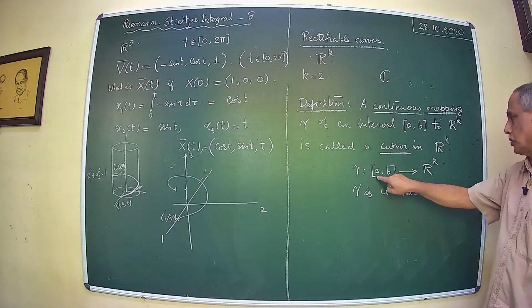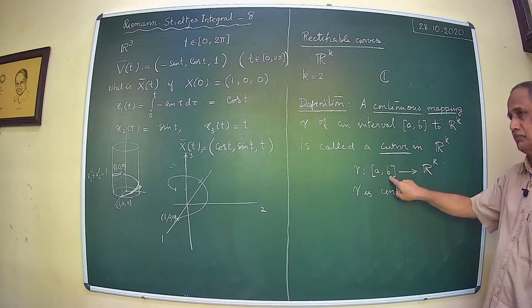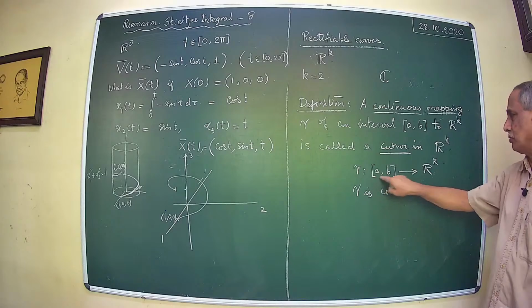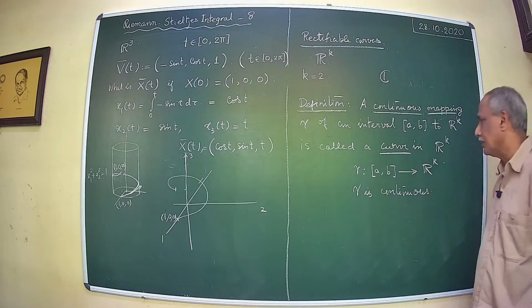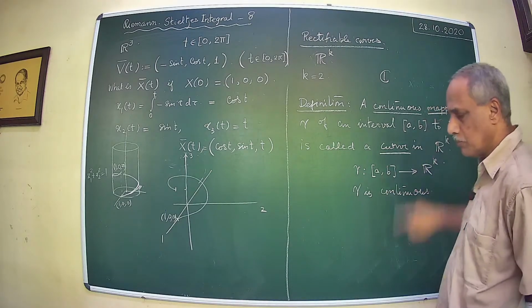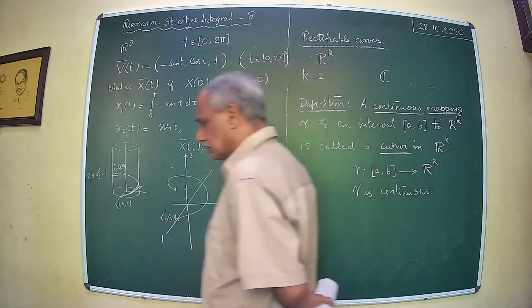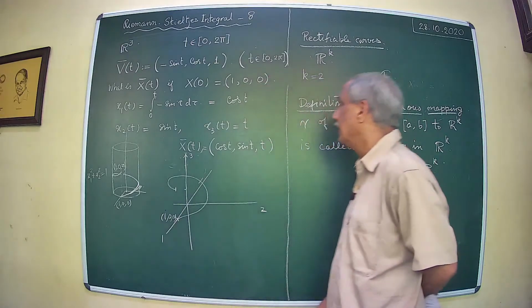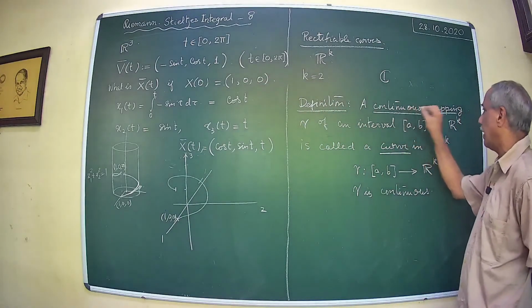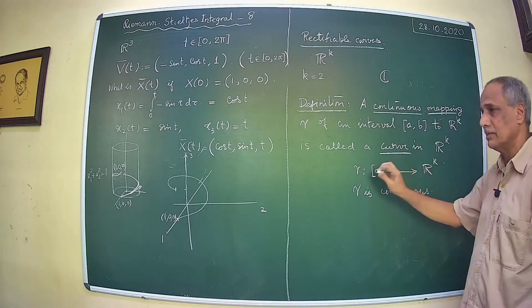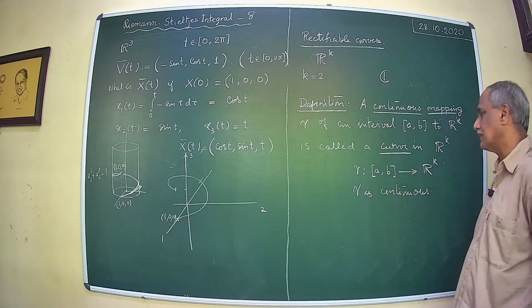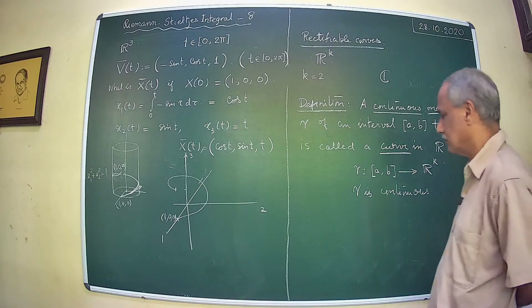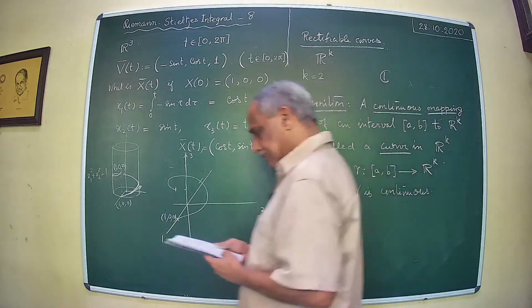As you progress from a to b, in time, there is a corresponding movement that you trace along the curve. That's why we say it's a continuous mapping. We look at the curve as a mapping rather than a set of points. So that's just a remark.